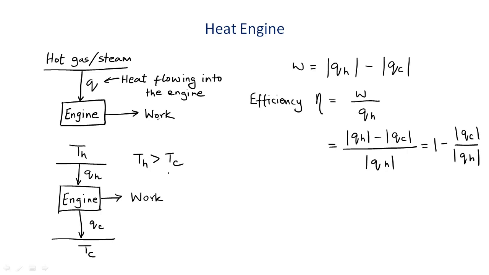Carnot explained that efficiency of 1 is impossible for a heat engine, and there is an upper limit to the efficiency which depends on the temperatures of the hot and cold reservoirs.